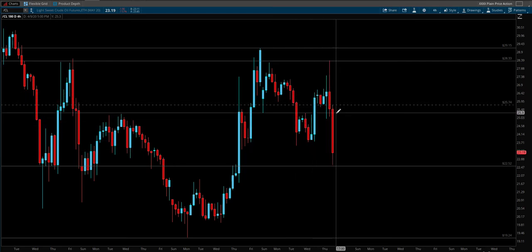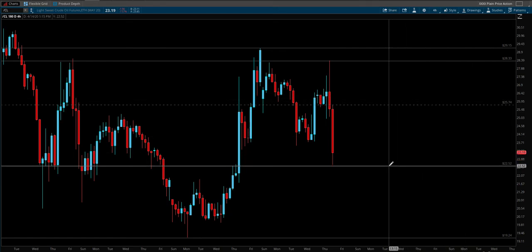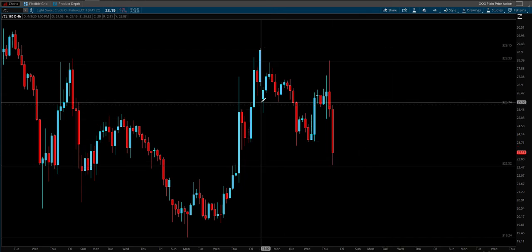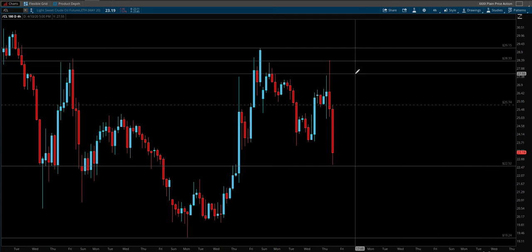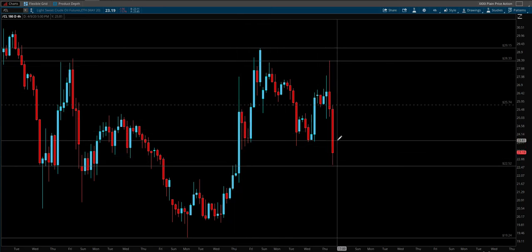Here you can see it gravitating around this level. So this is a key level here, 22.74 and 22.52, I should say. And as you saw on my chart, this was a box, and we broke below the box at 23.50 here.